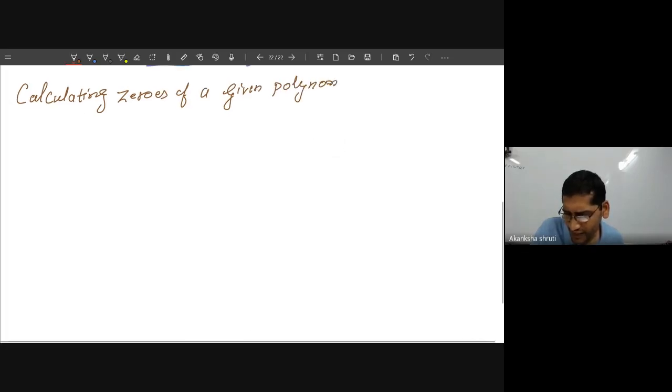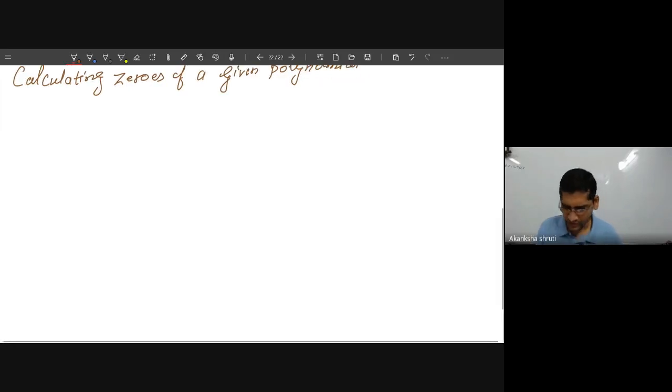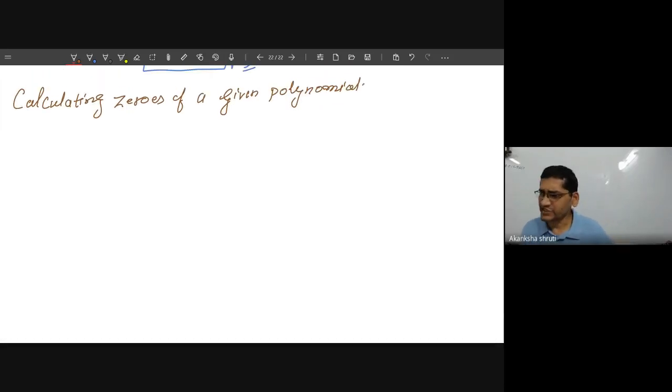How to calculate these zeros? Earlier we were checking these zeros. We have not calculated these zeros. Or 0 was given, then we have calculated some of the unknown. But if you have to calculate the 0 itself, then how you will calculate it? For that, the definition of 0 you have to apply.